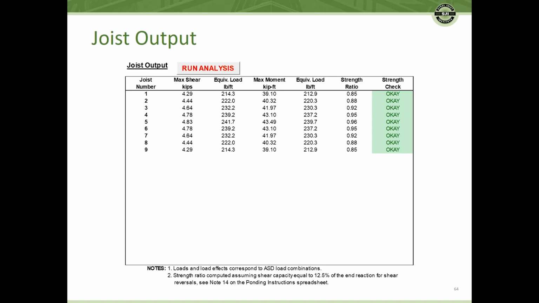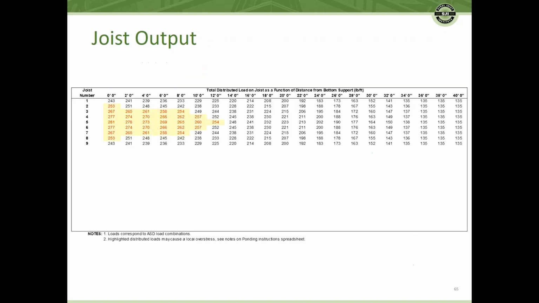Another way to think about this is that the equivalent load divided by the specified load capacity from the SJI load tables is the maximum strength ratio along the length of the joist. That strength ratio is also listed in the table, as well as an indicator to show if it's greater than 1 or less than 1. Less than 1 meaning sufficient strength is provided, more than 1 indicating an overstress.